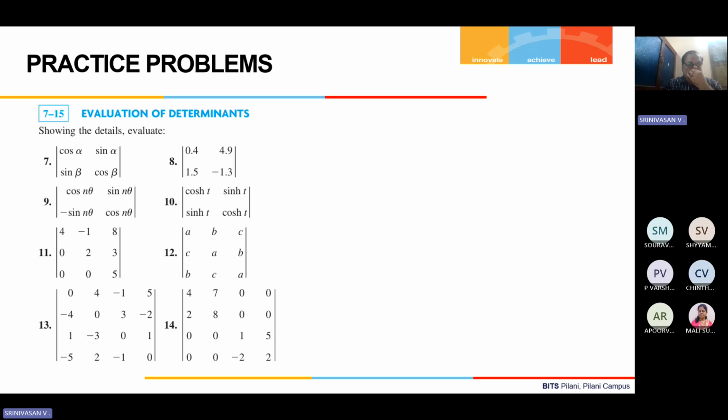So in general, determinant Ka is equal to K power n into determinant A, where n is the order of the matrix. Whenever every row or column is multiplied by a common constant, it is not just K times determinant A, but K to the power of the order of the matrix. Okay.